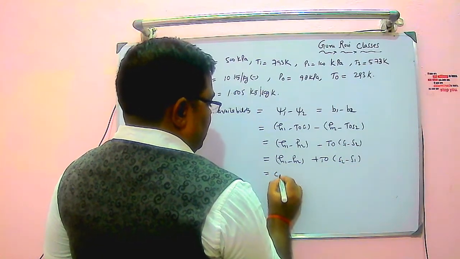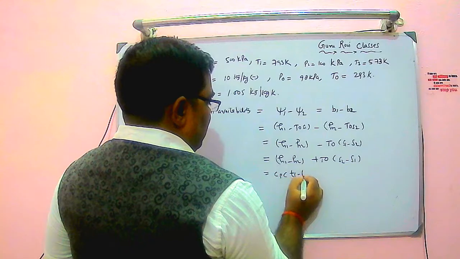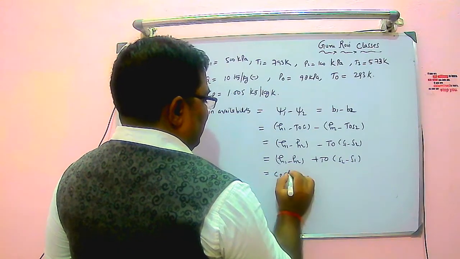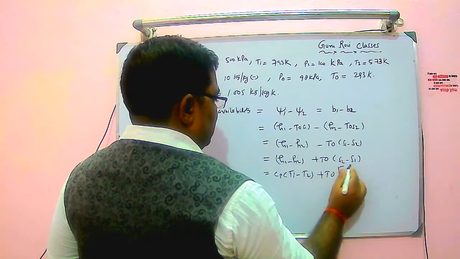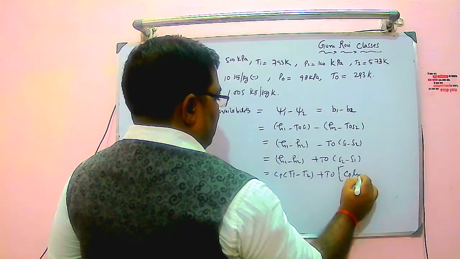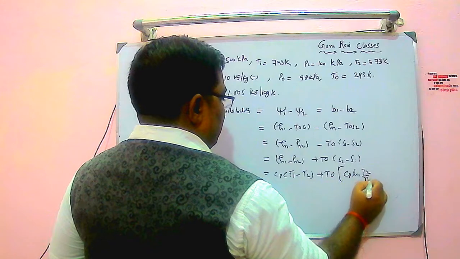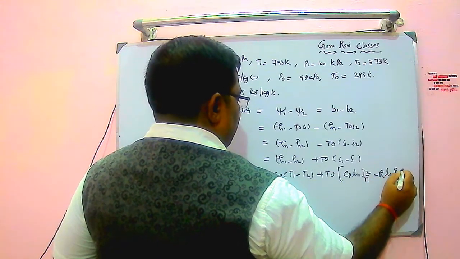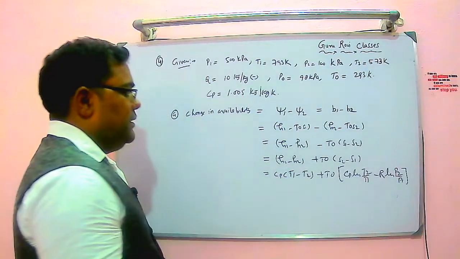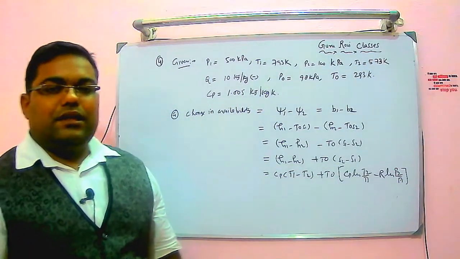This can be written as Cp (T1 minus T2) plus T naught times [Cp ln(T2/T1) minus R ln(P2/P1)]. This is the change in availability.